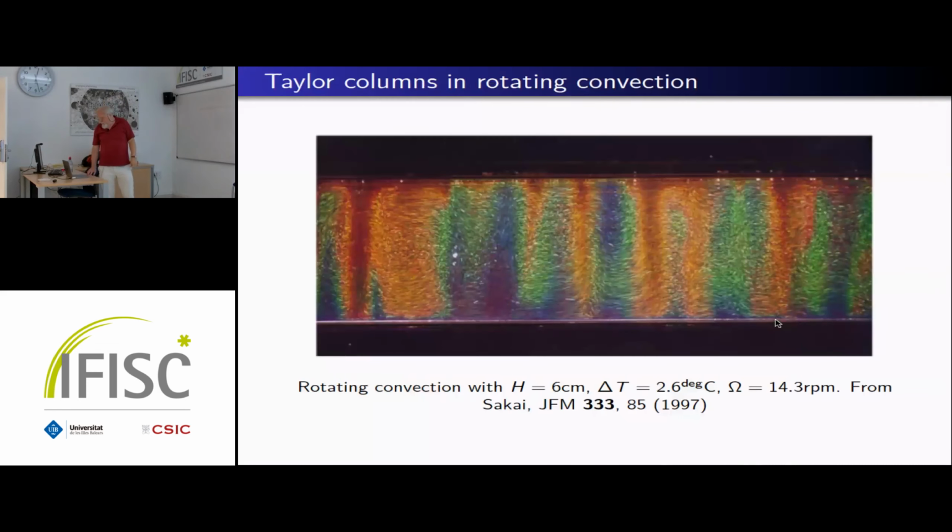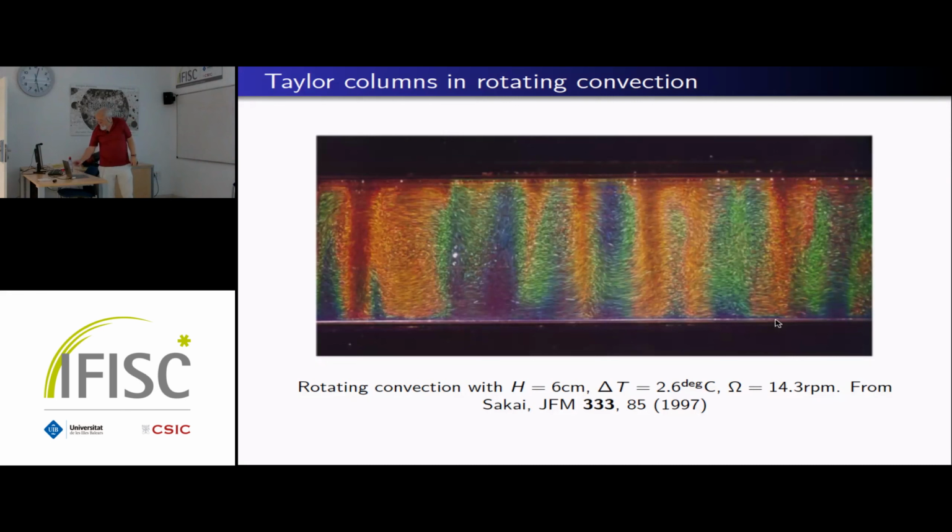If you look at this from the side, this is what you see. You see these columnar structures, very anisotropic flow. Here, the red structures correspond to descending cool liquid. They look red because of the liquid crystal visualization. And these blue structures are rising hot plumes, actually. This is from an experiment.